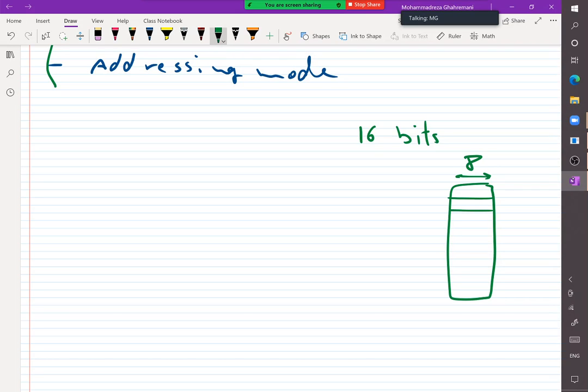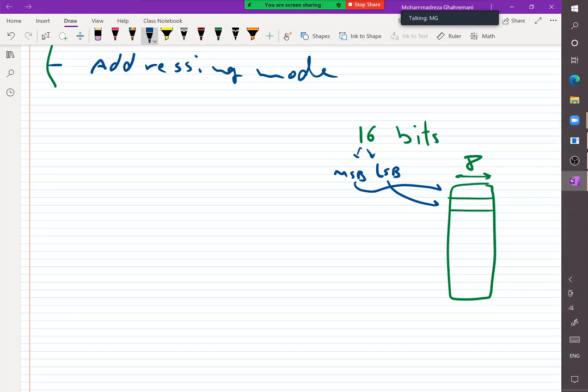And if we are going to store 16 bits in 8-bit locations, we need to split it into two parts, most significant byte and least significant byte, and we store them in two adjacent locations in the memory. Now the question is which one we should store first. Should we store LSB first and then MSB, or first store MSB and then LSB? So it's very important.